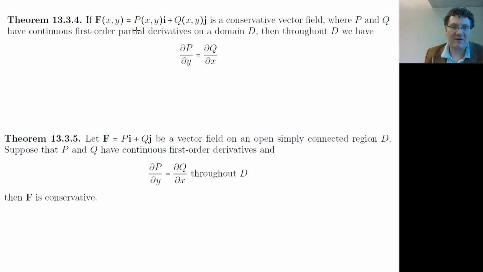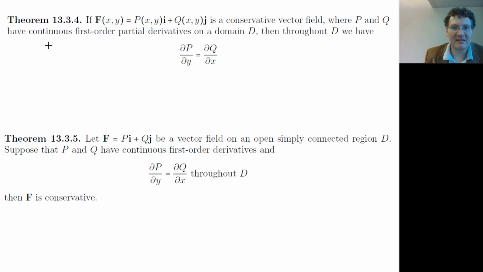If this vector field is a conservative vector field, and P and Q have continuous first-order partial derivatives on domain D, then everywhere on D the partial derivative of P with respect to y equals the partial derivative of Q with respect to x. And so this is leading us to a test for whether or not a vector field is a conservative vector field.